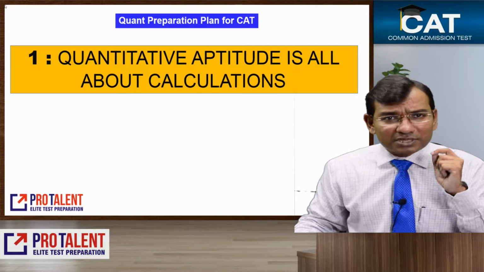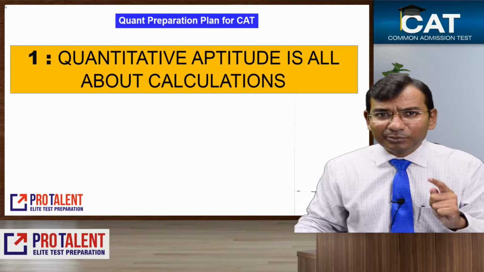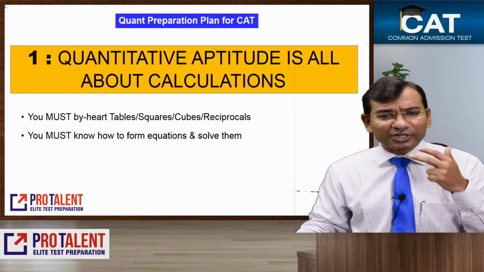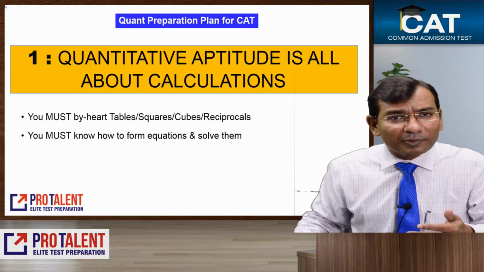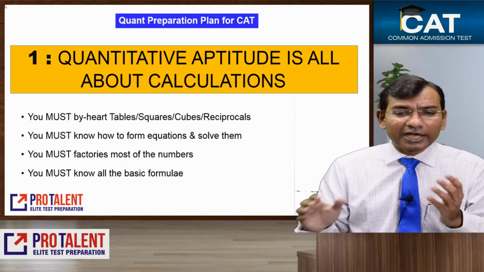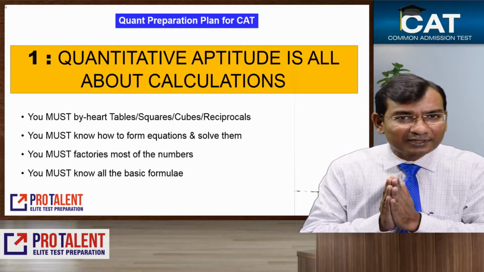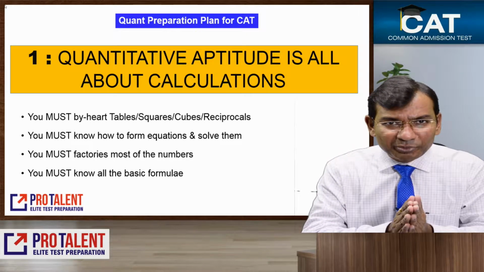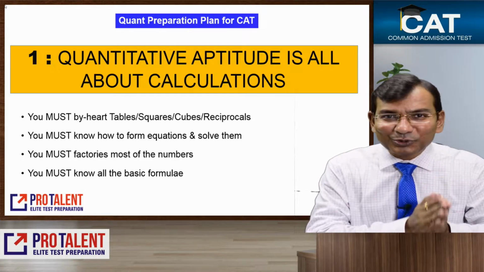If you are missing out on calculation, believe me, there is a problem. You must be good at tables, squares, cubes, reciprocals. You must know how to form equations and solve them. You must factorize most of the numbers and you must know all your basic formulas. If you are not good at all this, believe me, you are not good at your quant.